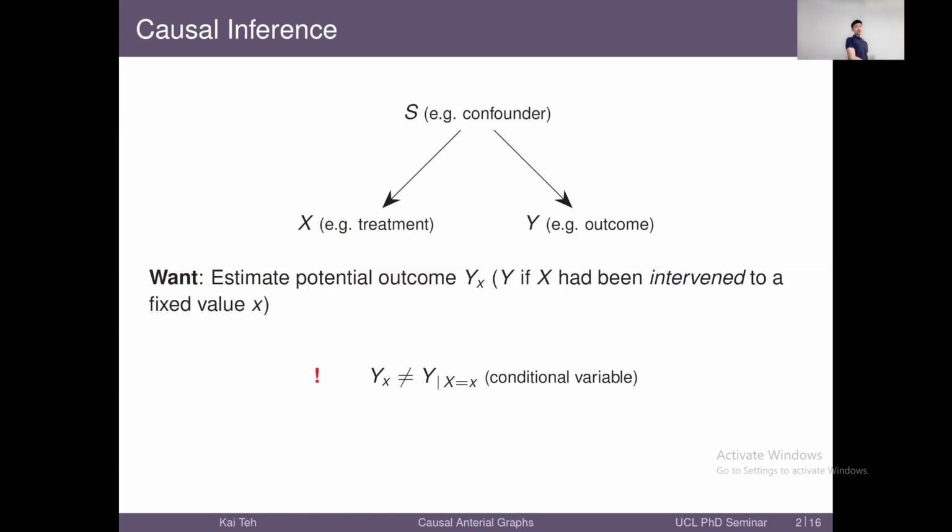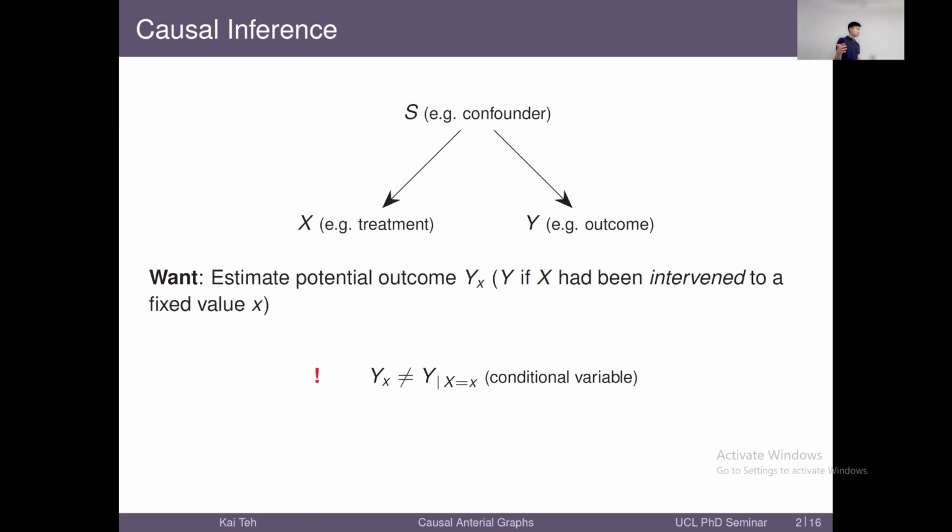And from this graphical representation, the end goal is typically to estimate some sort of potential outcome, which I denote here by Y_x, Y sub x, which means the value of the random variable Y if X had been intervened to a fixed value small x. All right? And what's important here is that this potential outcome is not the same as a conditional variable.